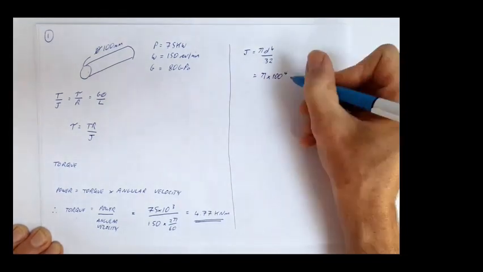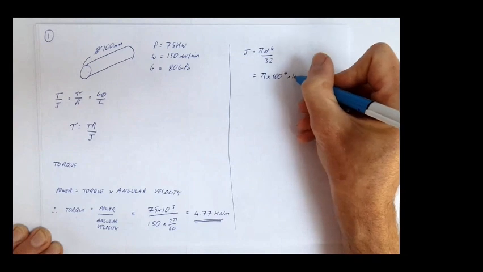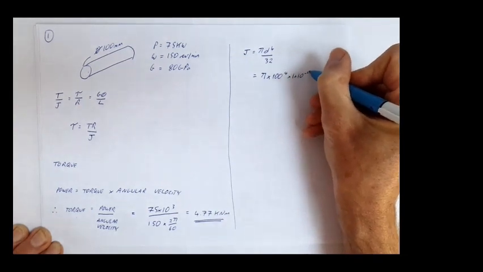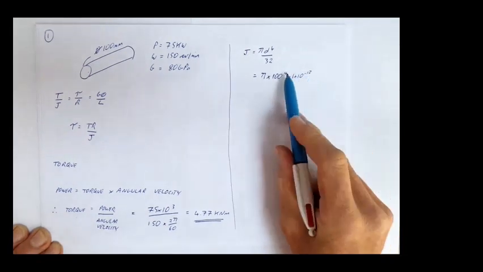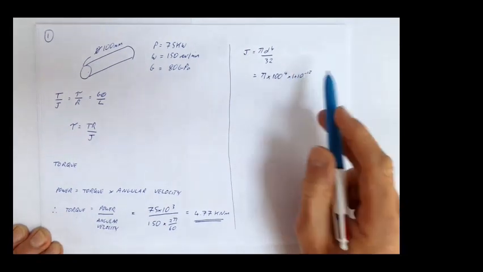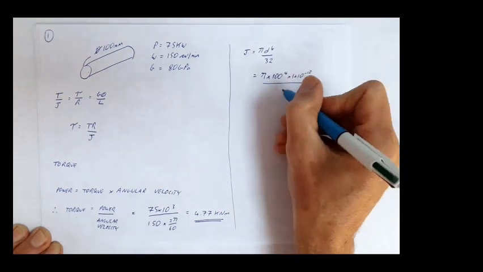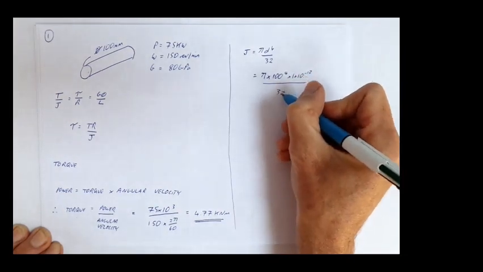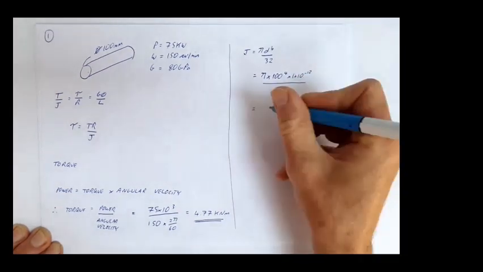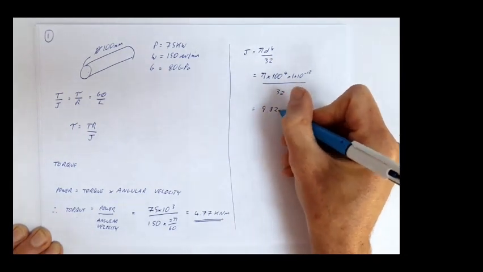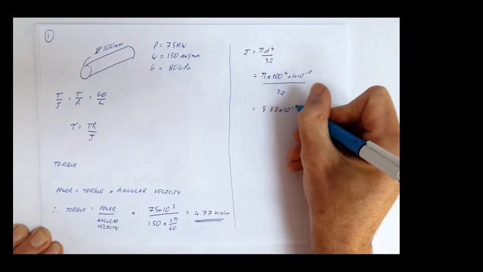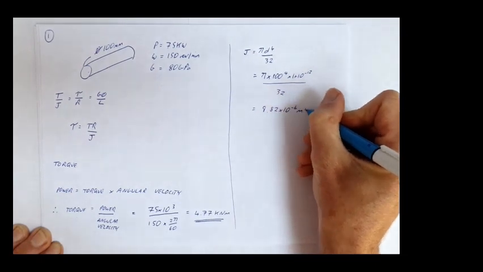That's in millimeters, so we need to multiply by 10 to the minus 3 raised to the power of 4, so times 10 to the minus 12, divided by 32. It's going to give me a J value of 9.82 times 10 to the minus 6 meters to the 4.